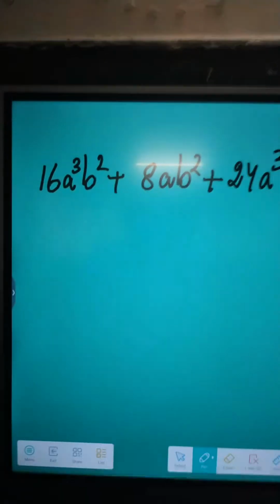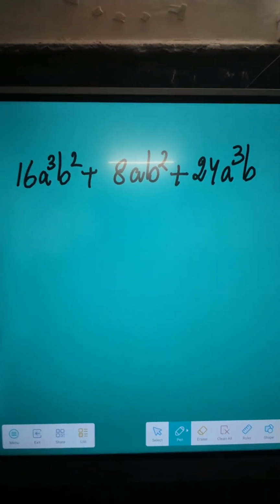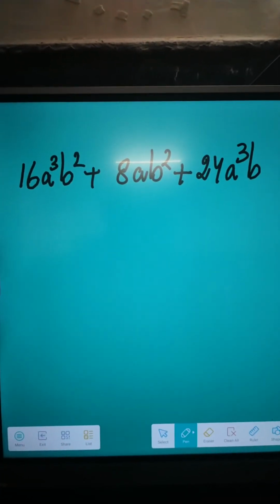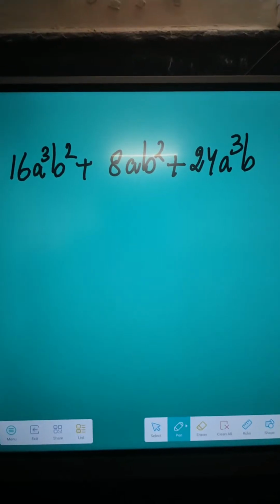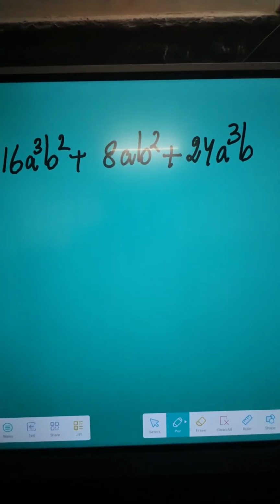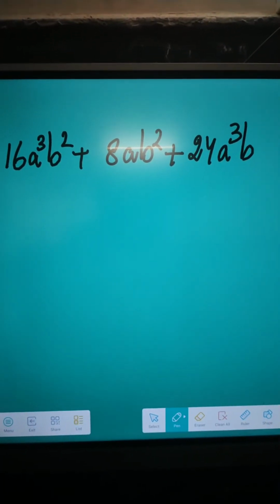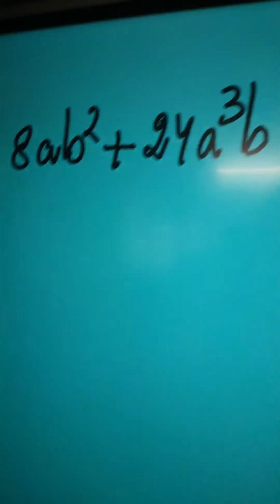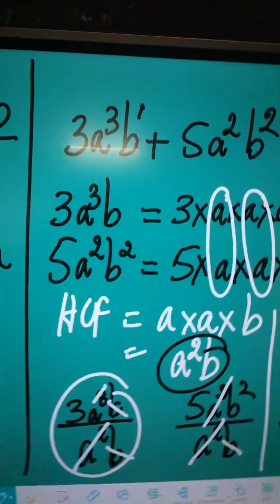If this is the question given to you, then how will you factorize? You will find the HCF of 16, 8 and 24. The HCF of 16, 8 and 24 is 8. And how will you find it? You will write it in rough in the same way. Understand how it comes.